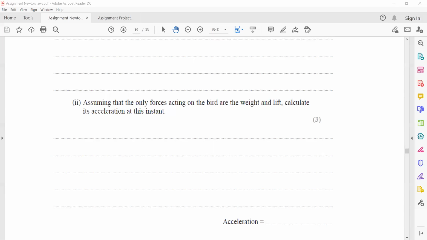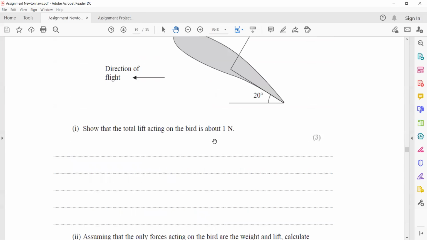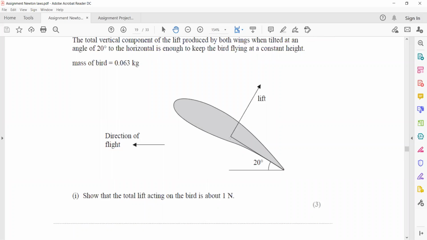Basically, as I drew in the previous question, the weight was acting, and it is at a constant height. So W cos 20 was equal to the lift, and W sine 20 will be equal to the force which is required, because there is no other force opposing the motion.